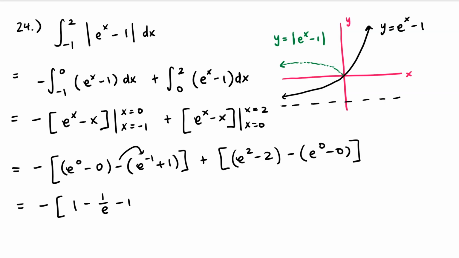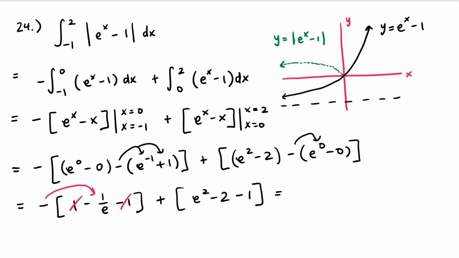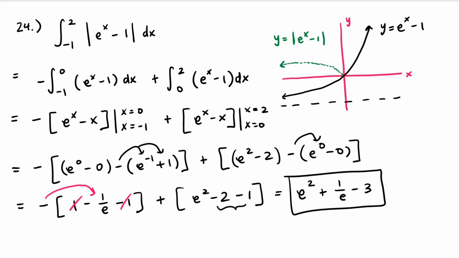I went ahead and distributed in the negative signs, plus e squared minus 2. That is minus 1, and then minus 0. Those will cancel out. If I distribute in the negative sign, then as a final answer, we should get e squared plus 1 over e, and then these will combine into minus 3. So here's our final answer for number 24.